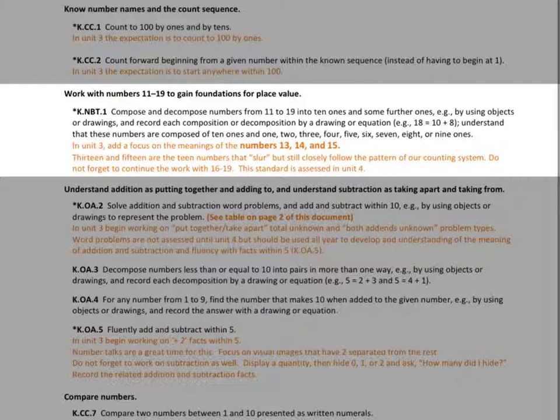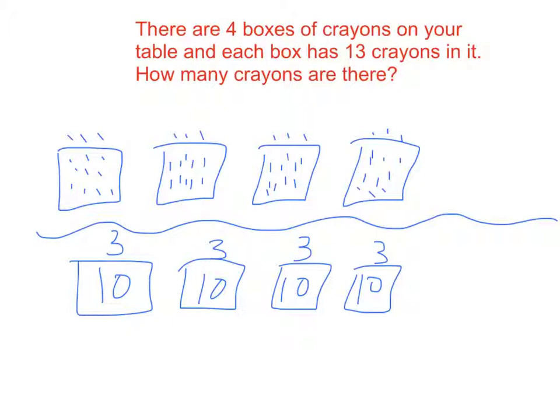You can also use the teen numbers in multiple grouping problems where you're talking about 3 groups of 13 or 4 groups of 14, etc. So students can begin to decompose those numbers to solve problems. For example, a student who solves this problem by somehow notating that each box has 10 and 3 more in it is showing a deep understanding of the composition of 13 as a 10 and 3 ones.